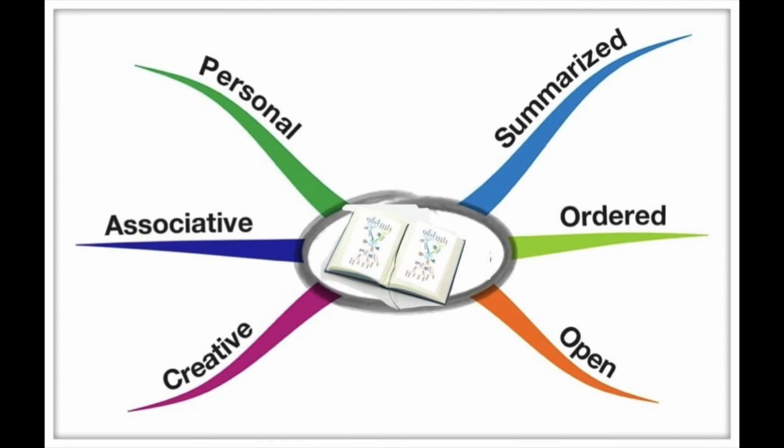And it should be open. What does it mean to be open? It means that you can complete it afterwards. If new information comes in, you don't have to redo the whole summary. You can just add the new information in the right place.